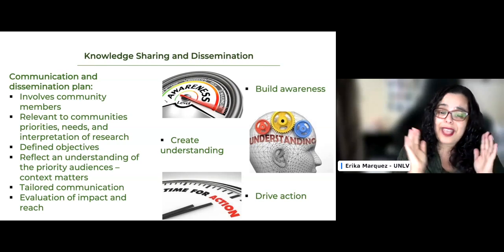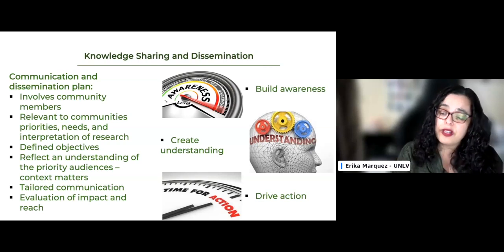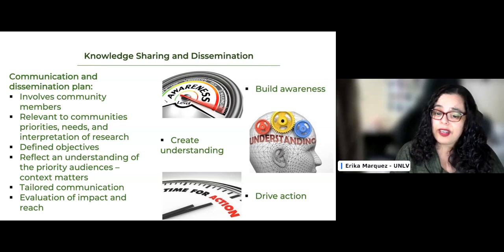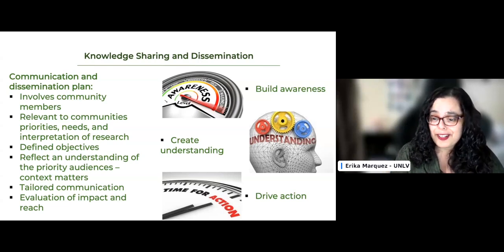So we are going to tailor all of our interpretations to fit the audience and the needs of those audiences. It's going to be a working document, something that's going to evolve as you collect data, as you interpret the data, and as you work with your community partner to figure out the best formats, types, and methods of dissemination.